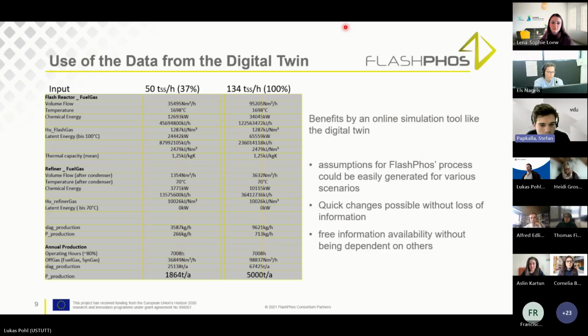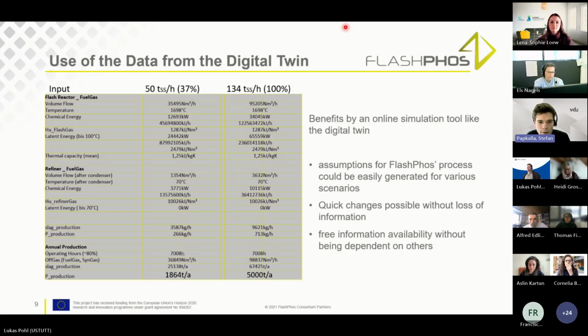Yes, thank you. You skipped already the page. Here you can see the main data set we used from the digital twin. Two different scenarios are shown. Mainly we investigated the influence of the pyrolysis gases when we use them in the clinker burning process as a fuel.